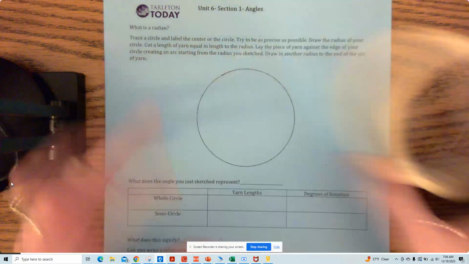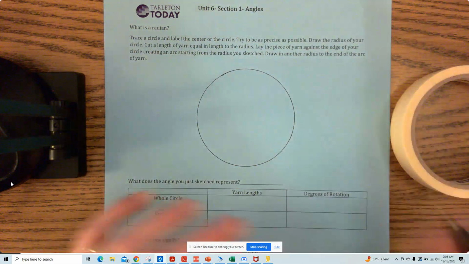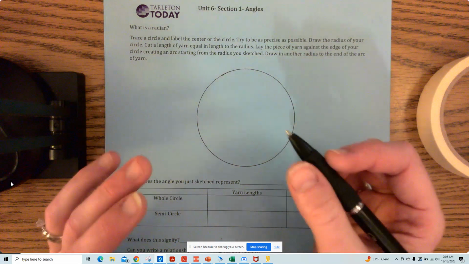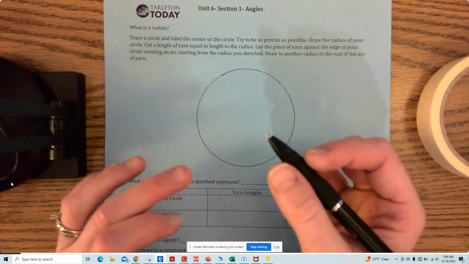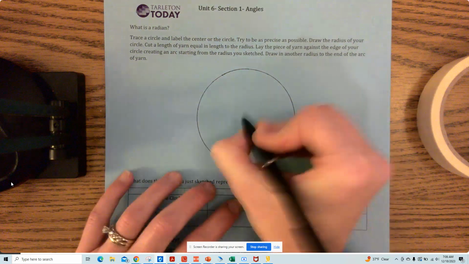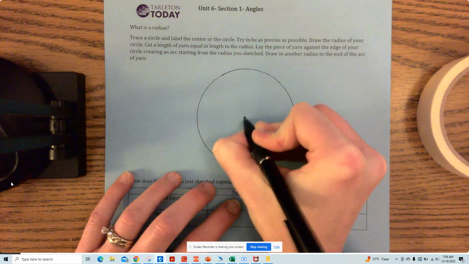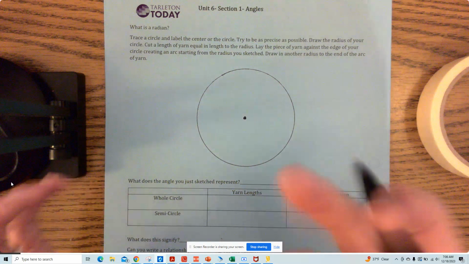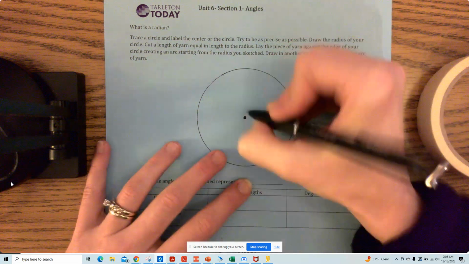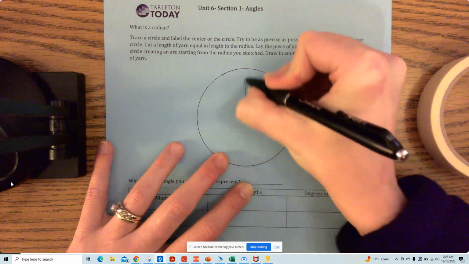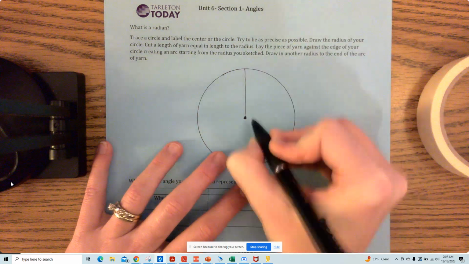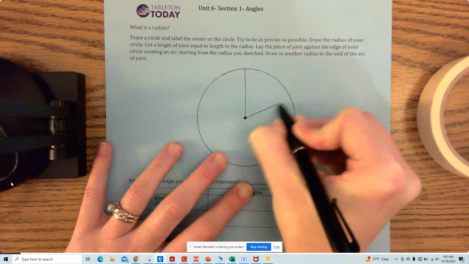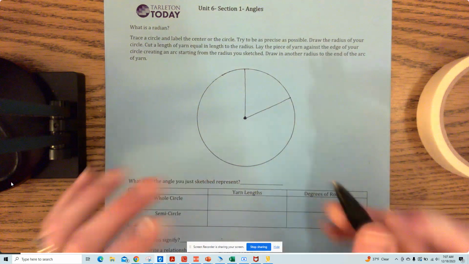So we're just going to go off of her measurements. We're going to draw in the center. Normally when we do this, we use a compass and a straight edge, so you get a nice pretty circle. So we've got a circle here.